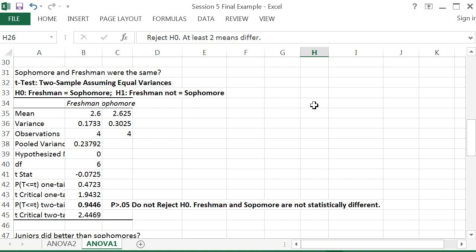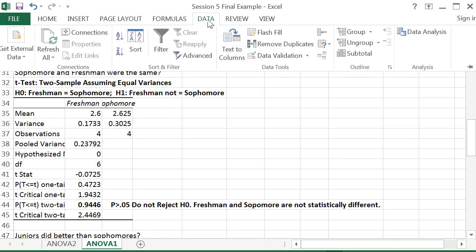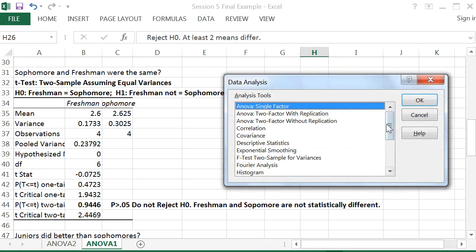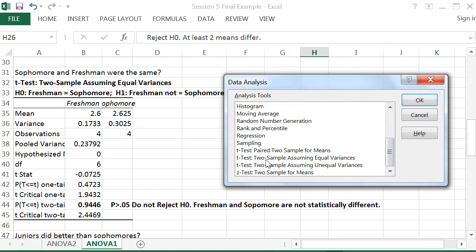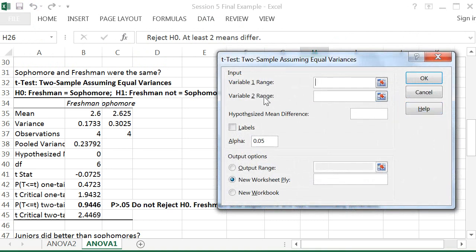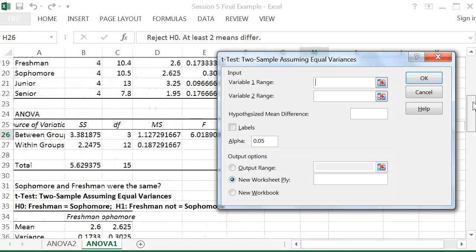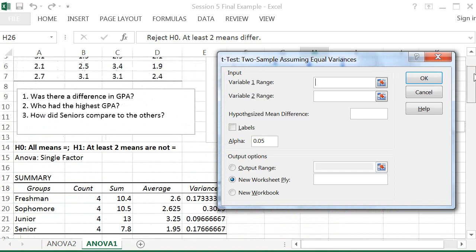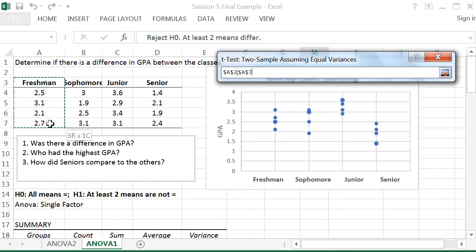So I ran that t-test, and again, what I did there was I just went up to data, I did data analysis, and then I wanted a t-test two-sample assuming equal variances. Clicked OK. For my range for variable 1, I did freshmen.